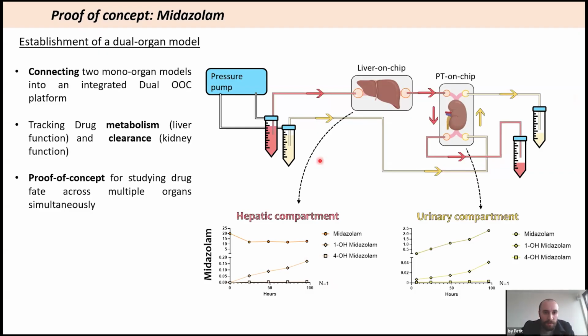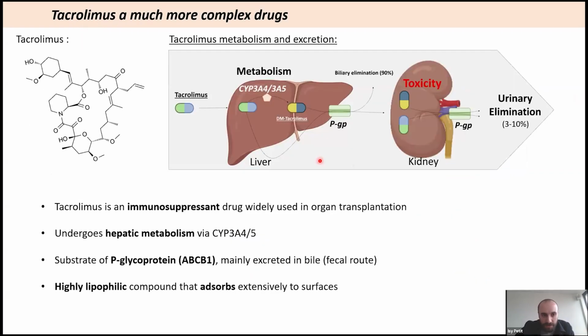But here comes the problem: tacrolimus. Tacrolimus, briefly, is an immunosuppressant that is widely used in organ transplantation. It undergoes hepatic metabolism by CYP3A4/5. It's mainly eliminated in the bile, but it can go to the kidney and generate nephrotoxicity, and a little bit goes through urinary elimination.